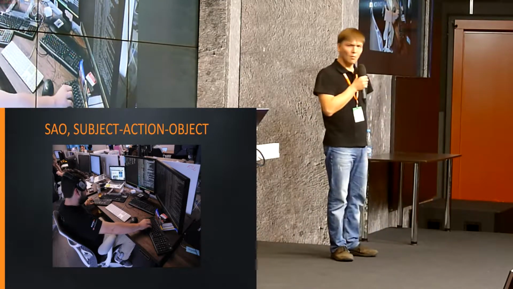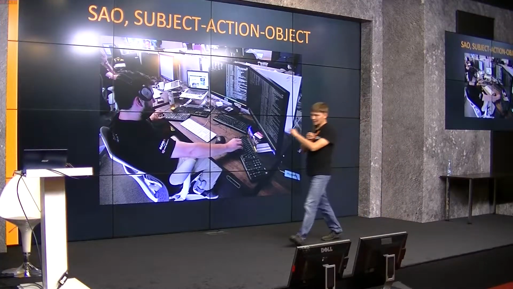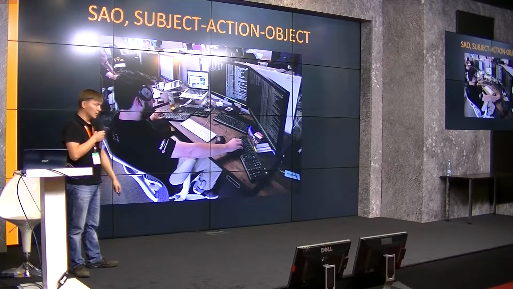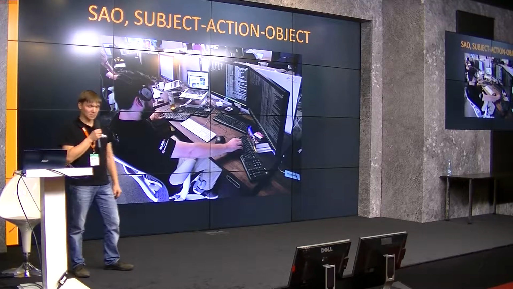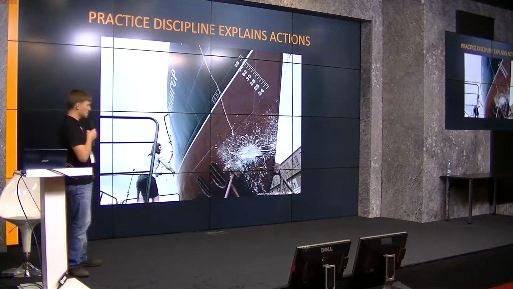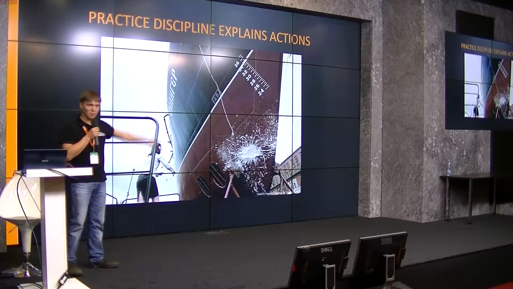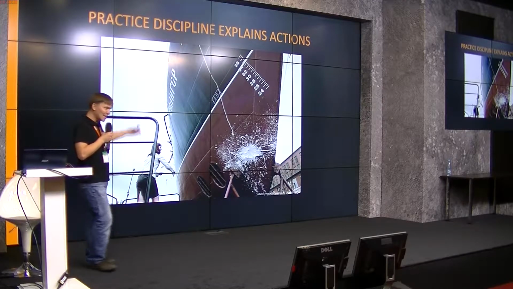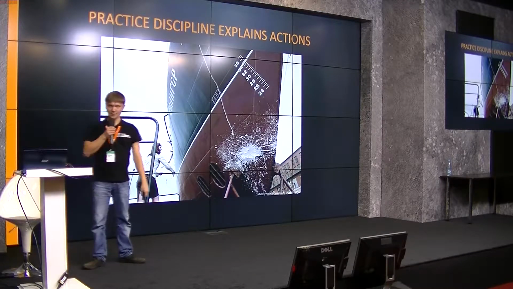But the funnier thing is, why does he do that? Why does he write code? This question is not simple to answer. Because what you see here is a practice of shipbuilding. It's really a part of the life cycle of a ship. Why do they do that?